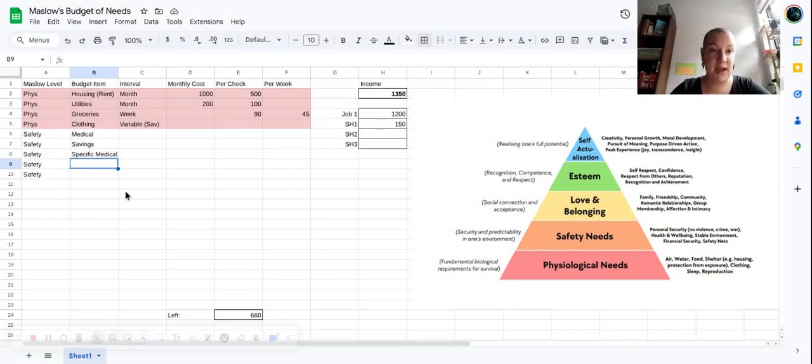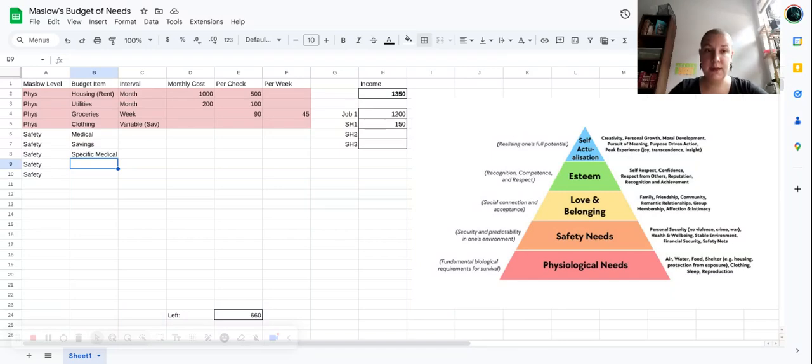Now, let's talk pets. Pets on the Maslow's hierarchy would be the love and belonging tier, but since it's a living creature that's living with you and you made a commitment to that creature, it also has physiological needs.